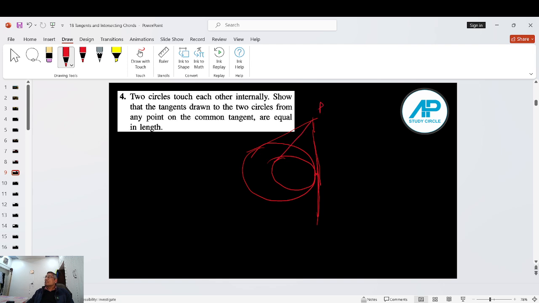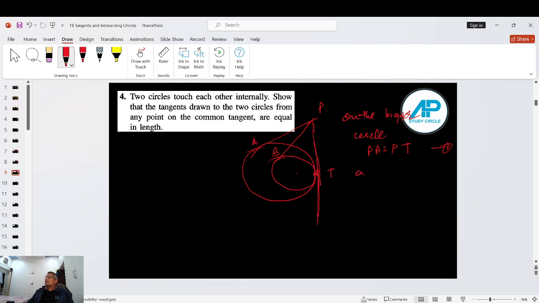Point P, point T, A and B. PT is tangent, PB is tangent, PA is tangent. Take the bigger circle. On the bigger circle, PA equals PT. First equation.